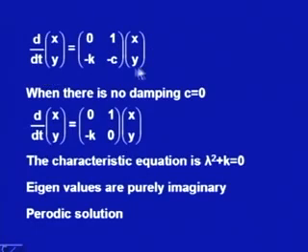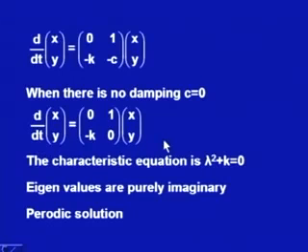So, a second order system can be reduced to two first order differential equations. When there is no damping present, that means c = 0, then we have d/dt of (x, y) equal to [0 1; -k 0] times (x, y).